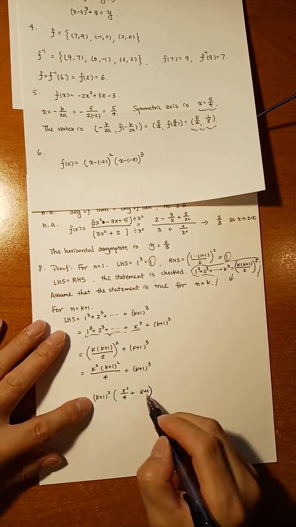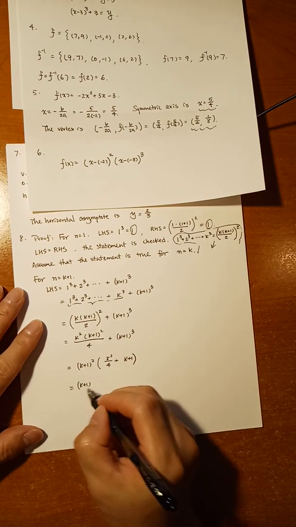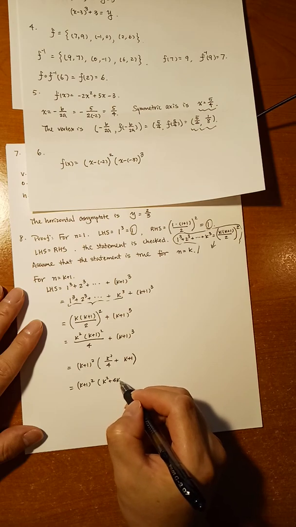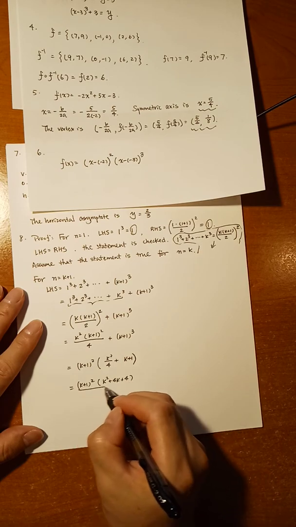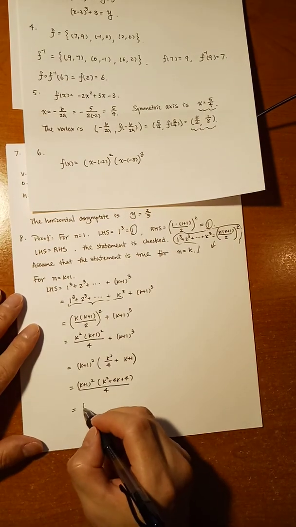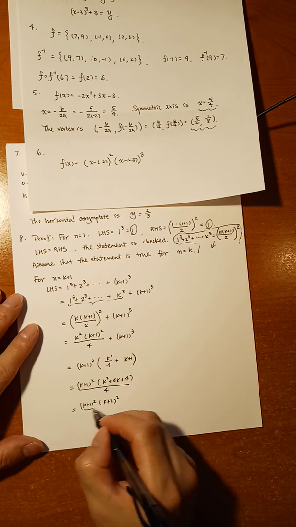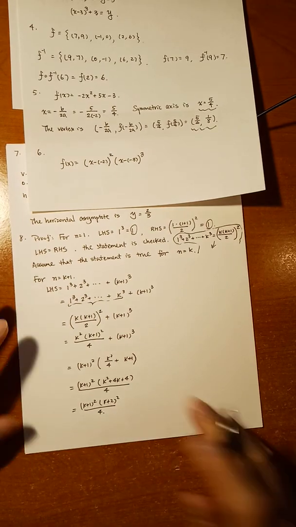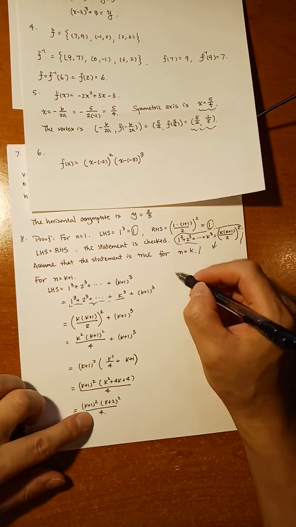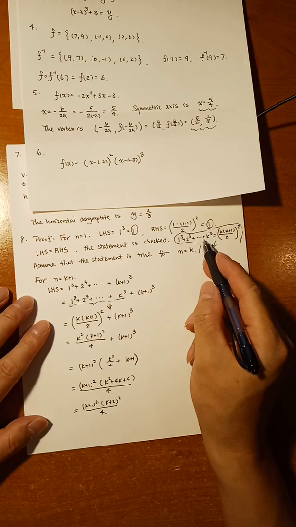You factor out 2 copies, you have 1 copy survives. If you simplify it, you will see this is k squared plus 4k plus 4, and then over 4. And this is exactly k plus 1 squared and k plus 2 squared, over 4. Check that. Okay, this is the left-hand side, and in this process, we do use this hypothesis.